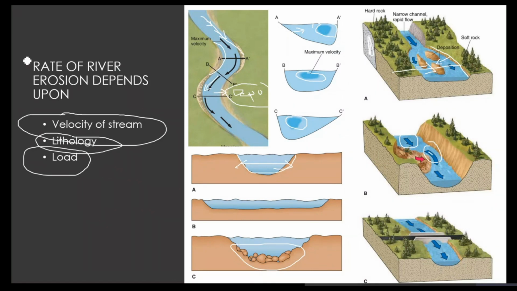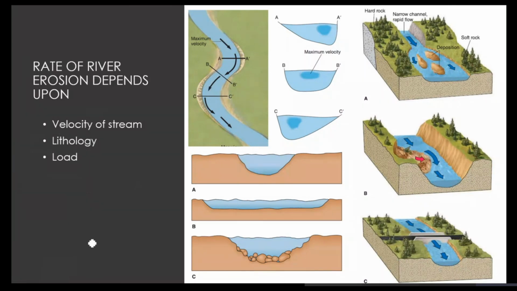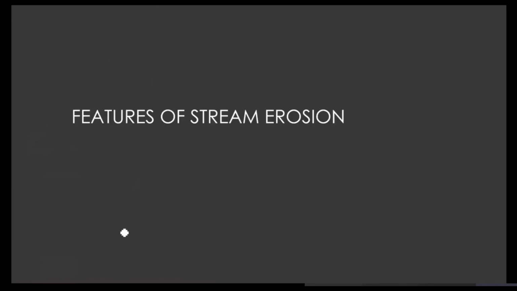Okay, so these are the three main factors which control the erosion. And all these processes together will produce a number of different geological features in a river system. That will be the topic we'll be discussing in the next lecture, that is features of stream erosion.